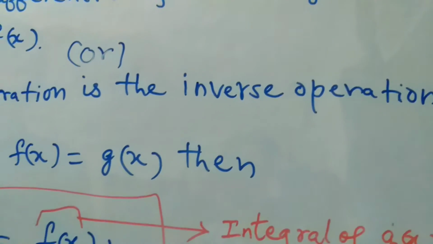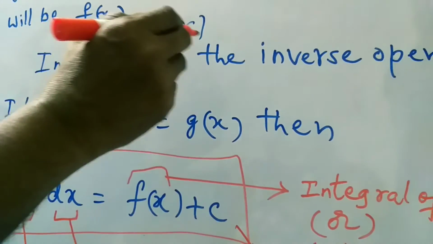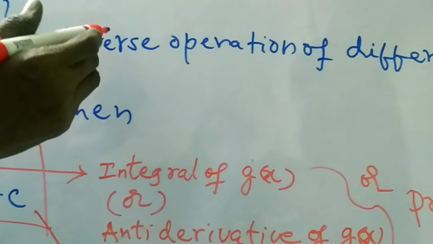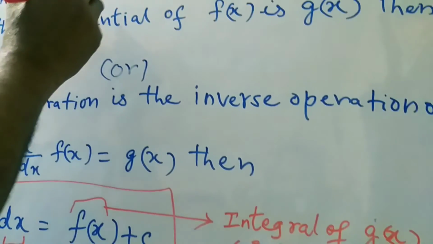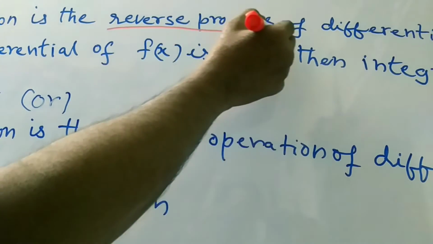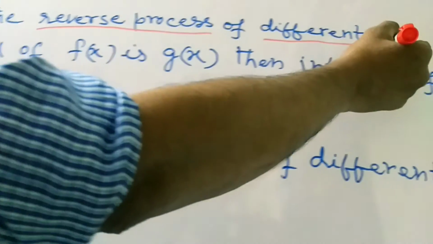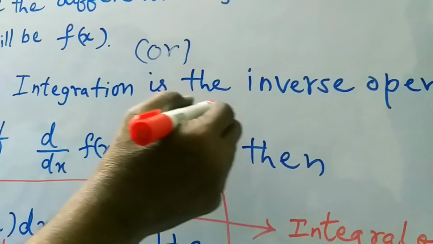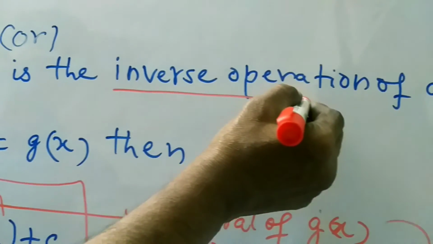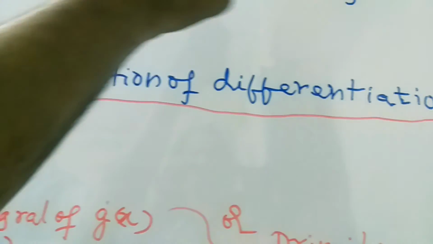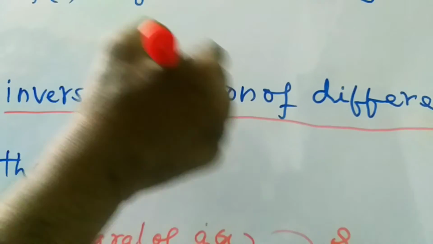The main part is that integration is the inverse operation of differentiation, or integration is the reverse process of differentiation. This is the main thing to keep in our mind.